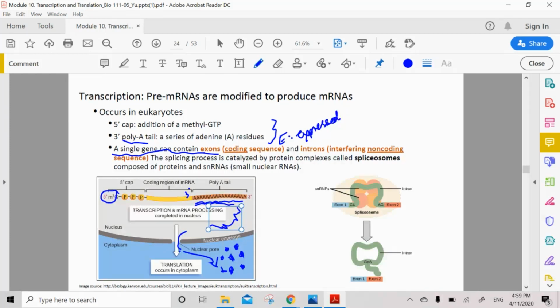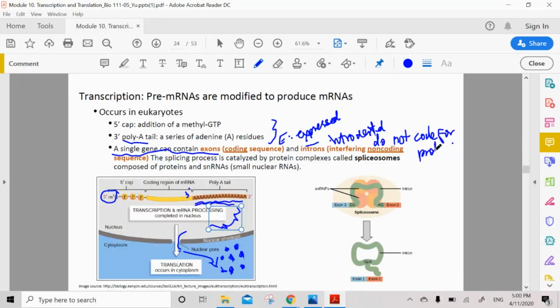Expressed as what? Expressed as proteins, right? So the exons are coding sequence. They will code for proteins. And the introns, think introverted, it doesn't want to be expressed. So that's the intervening non-coding sequence. It does not code for any proteins.